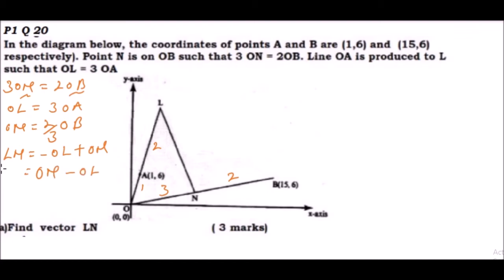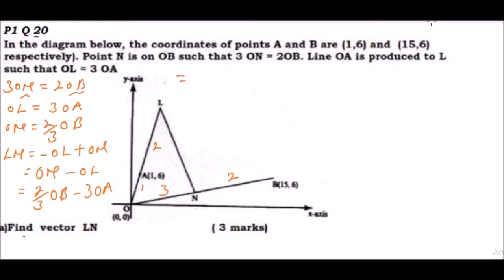With that we already have ON, which is 2 over 3 OB, minus OL, which is 3OA, and we can get these vectors.